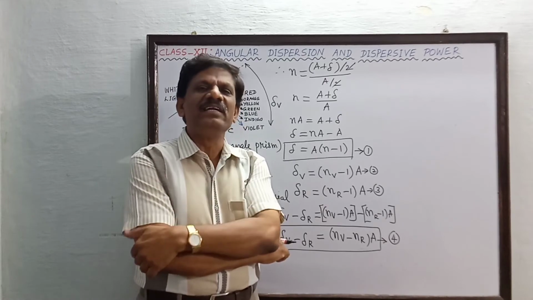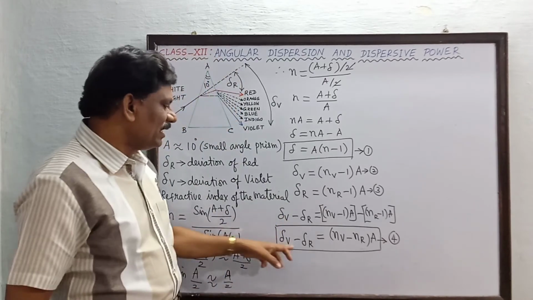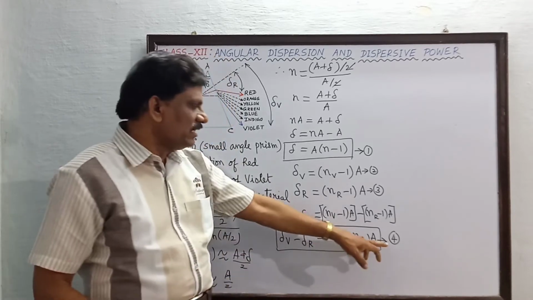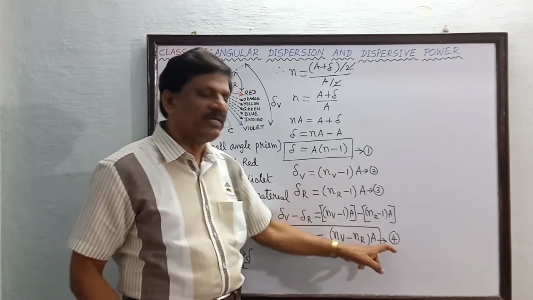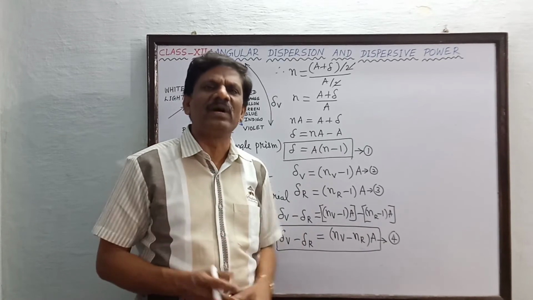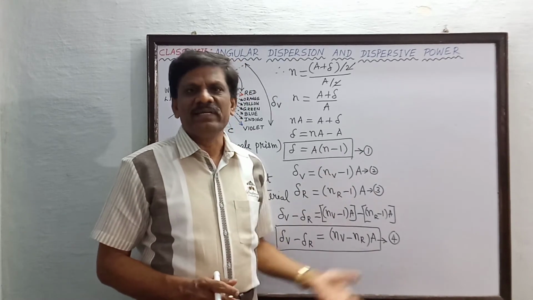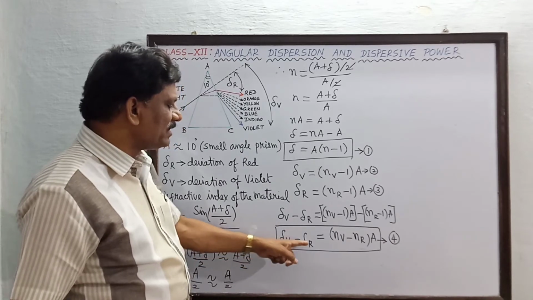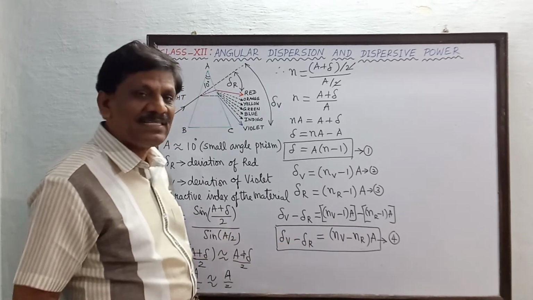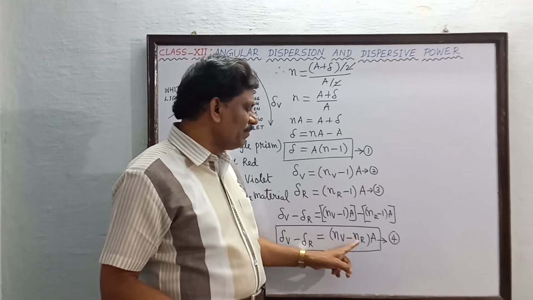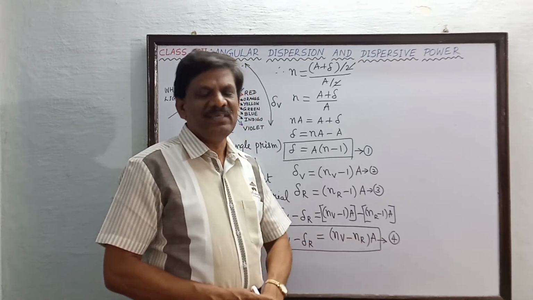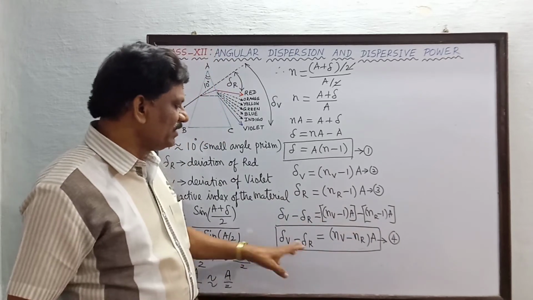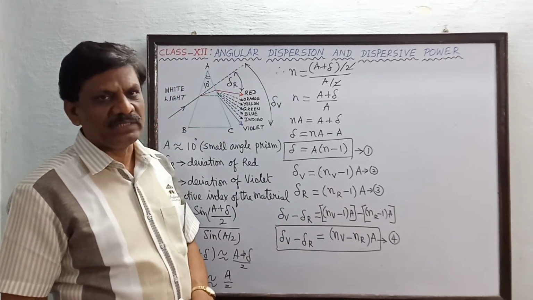This difference in the deviation between violet and red colors is called the angular dispersion. So after the previous one, this equation 4 also is very important to solve the competitive exam MCQs. So angular dispersion, delta V minus delta R, is equal to (nV minus nR) into A. Understand? So this is equation 4, which is called angular dispersion.